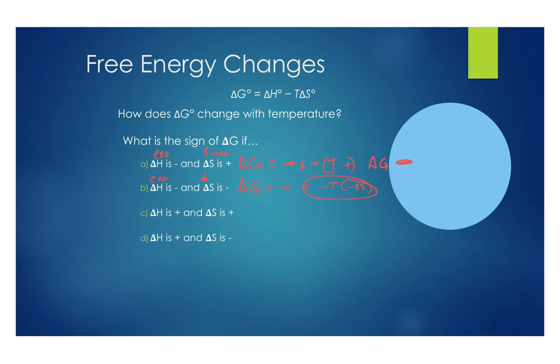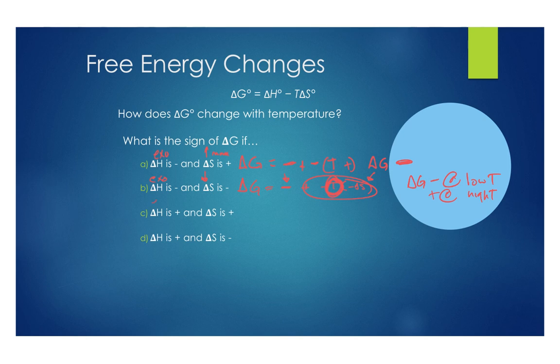So in this particular case, in order for delta G to be negative, the delta H term has to be greater and the T delta S term has to be smaller. What determines that? It's most likely going to be the T term. So in this case, delta G will be negative at low temperatures and positive at high temperatures.